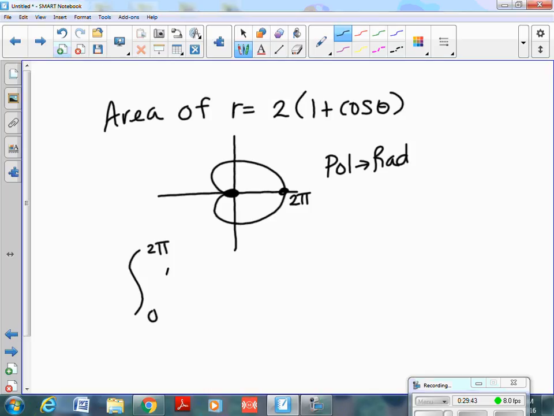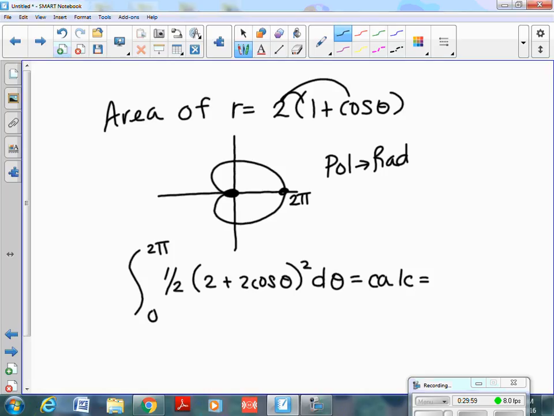You're going to take 1/2 r squared d theta. So I'm just going to do the distributive property and make it 2 plus 2 cosine of theta, squared, d theta. So if you use your calculator, you're going to end up getting 6 pi, which ends up being 18.850.